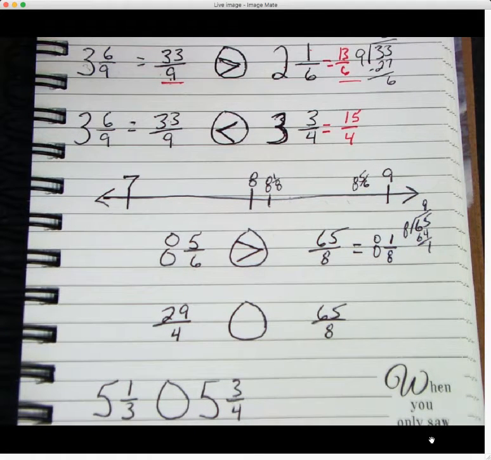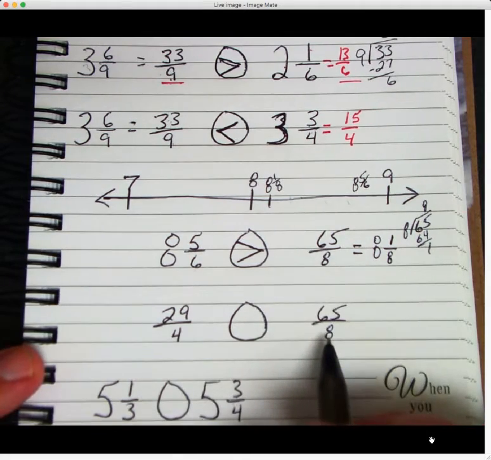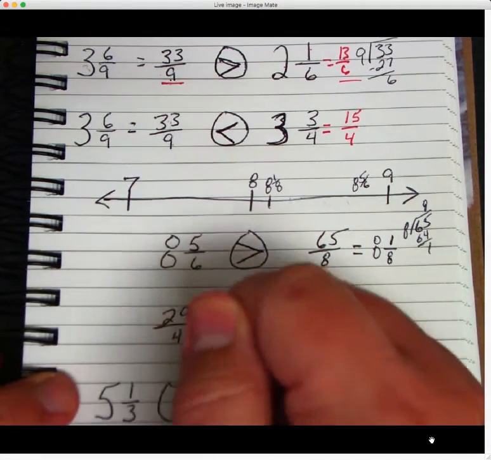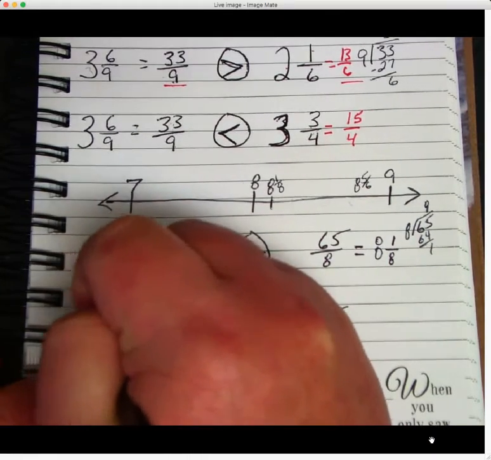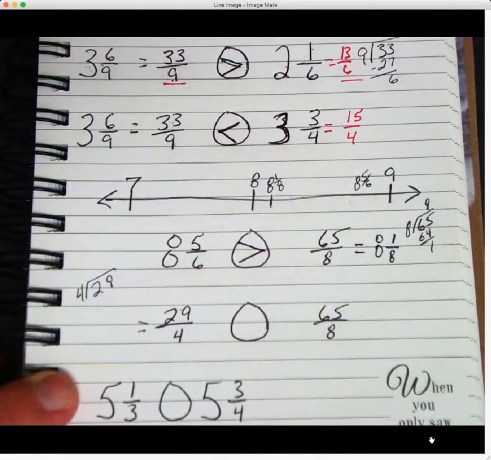All right, the next one, we've got 29/4 and we've got 65/8. Now, if we were to turn both of these into a mixed number, let's just see what happens. So 29/4. If I'm going to turn it into a mixed number, I'm going to have to do 29 divided by 4.